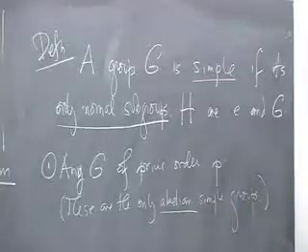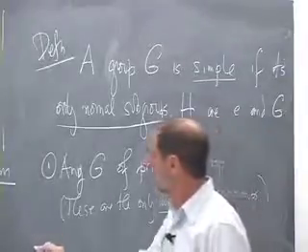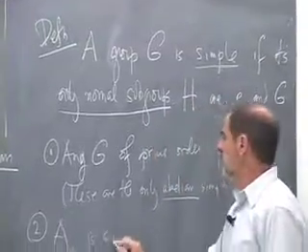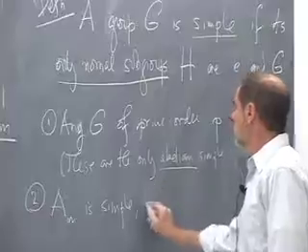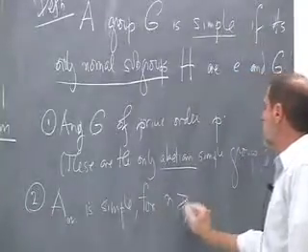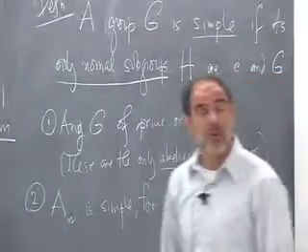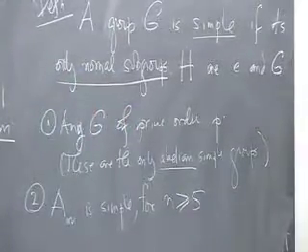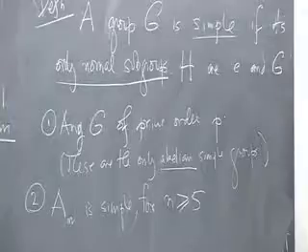Other examples of simple groups. Well, we're going to show the alternating group on n letters is simple for n at least 5. We're going to prove that for you later on. So that's an example of an infinite number of finite groups that have no normal subgroups.